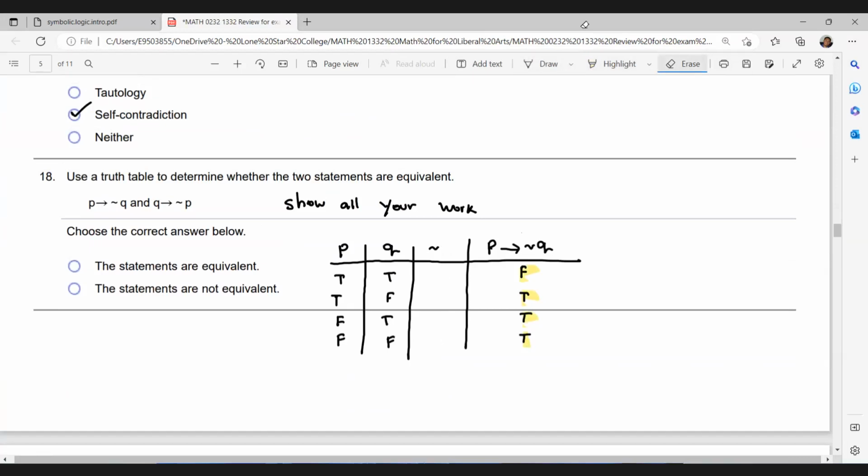So I'm taking advantage of what I've already done. I want to show this here, but in order to do that, I need Q conditional with not P. So if Q, then not P. I need a column here for not P.